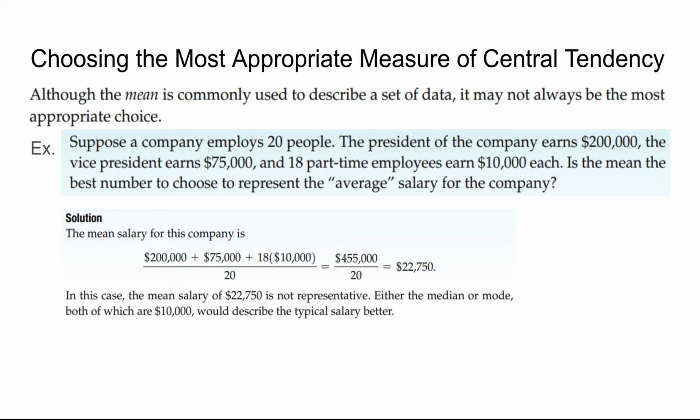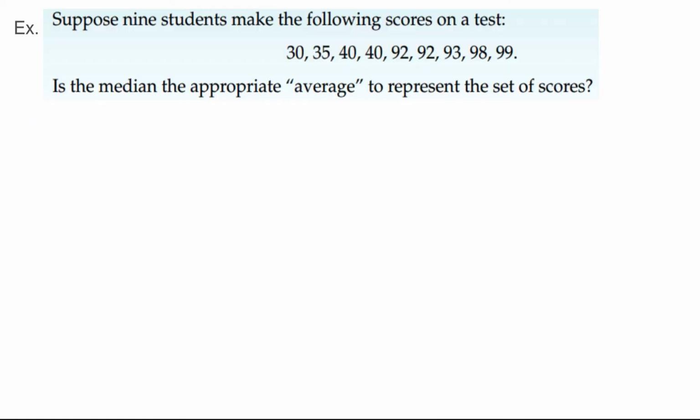So as we have seen in this example, mean is not always the best option to represent the center of the data. Sometimes the mode is the best way, and sometimes the median is. Okay, so let's look at more examples.